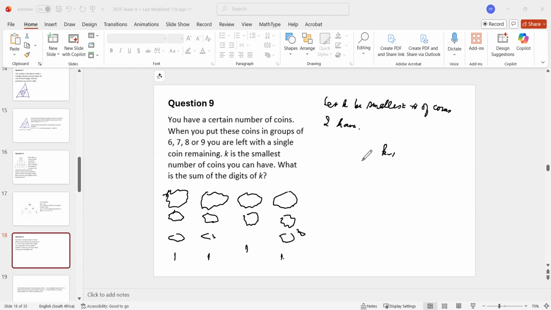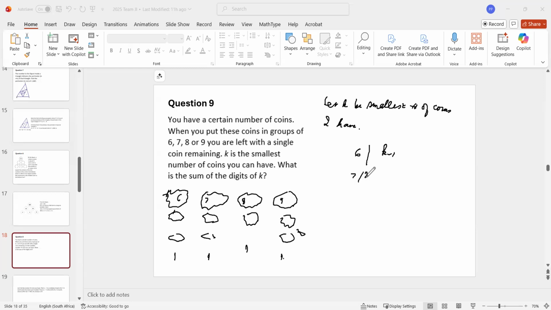That means K minus 1 is a multiple of 6. This is how we write K minus 1 is a multiple of 6. 6 is a factor of K minus 1, or 6 divides K minus 1. All these are synonyms.